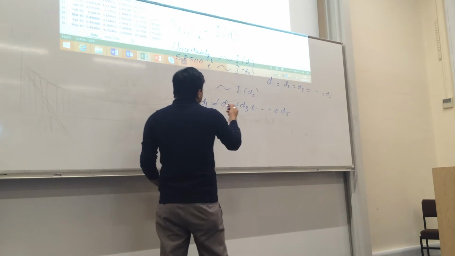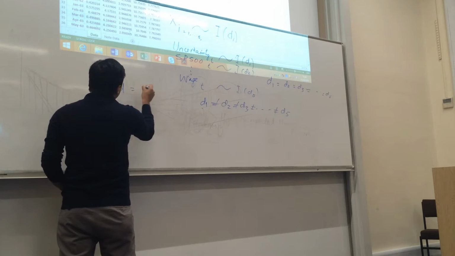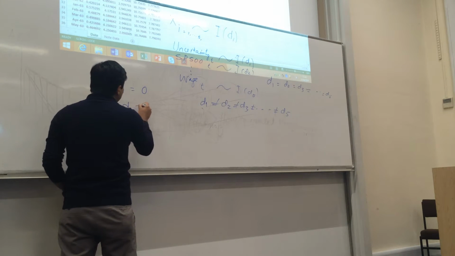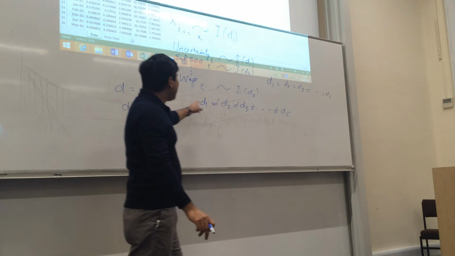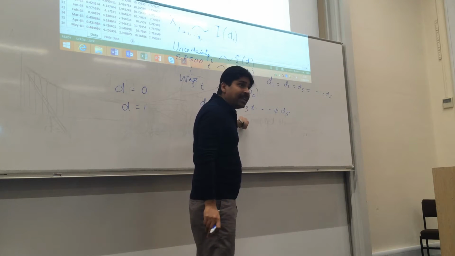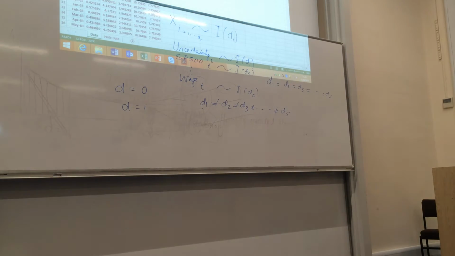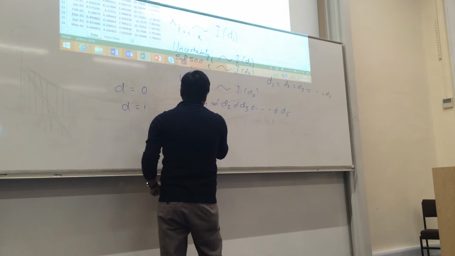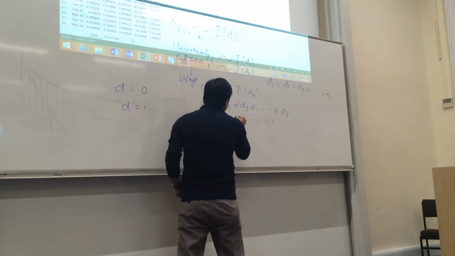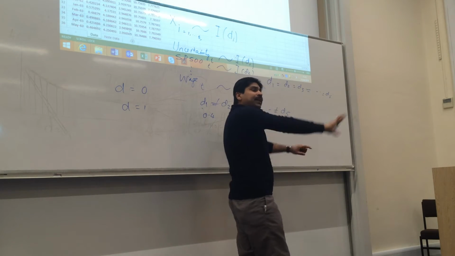Whenever we assume d equal to either 0 or 1, this type of possibility may not arise. It can arise only when we assume fractional degrees of integration. So say d1 equals 0.4, d2 equals 0.5, this is 0.9, say for example 0.3. It can be different.